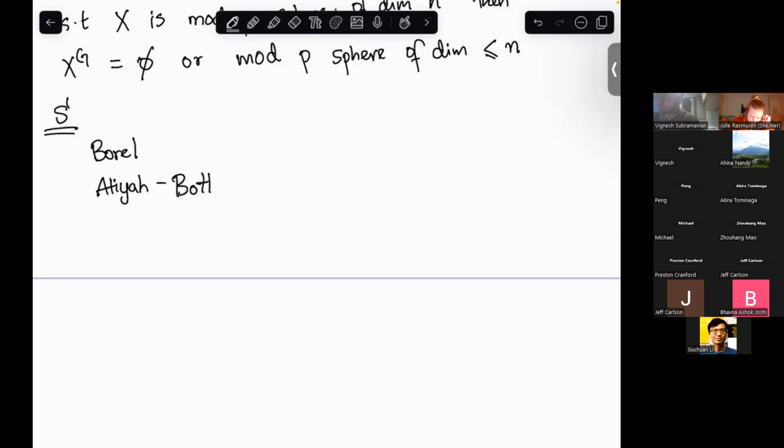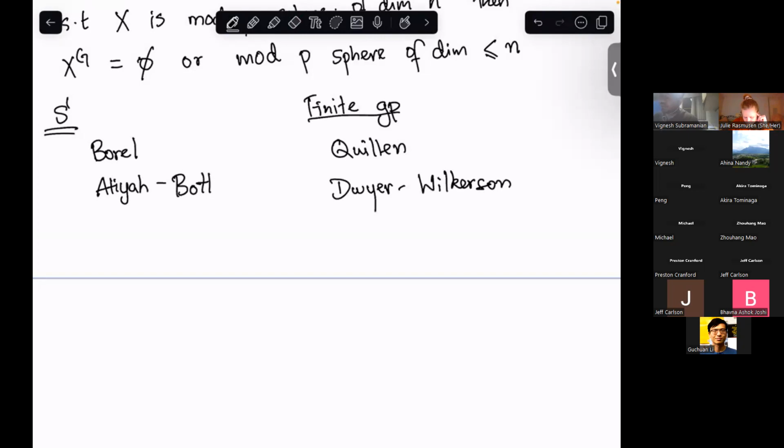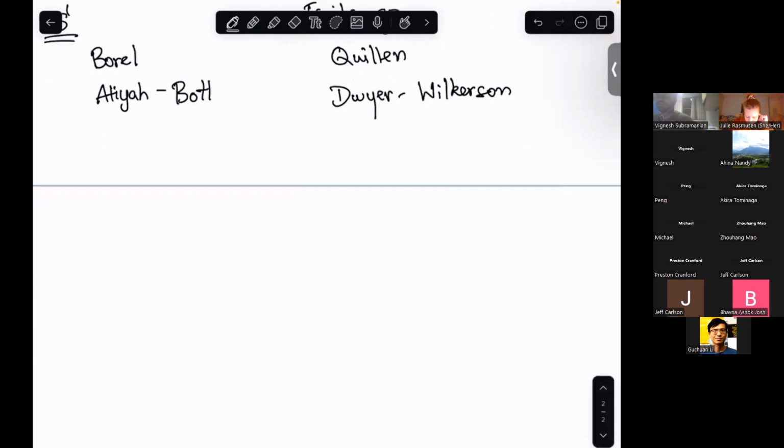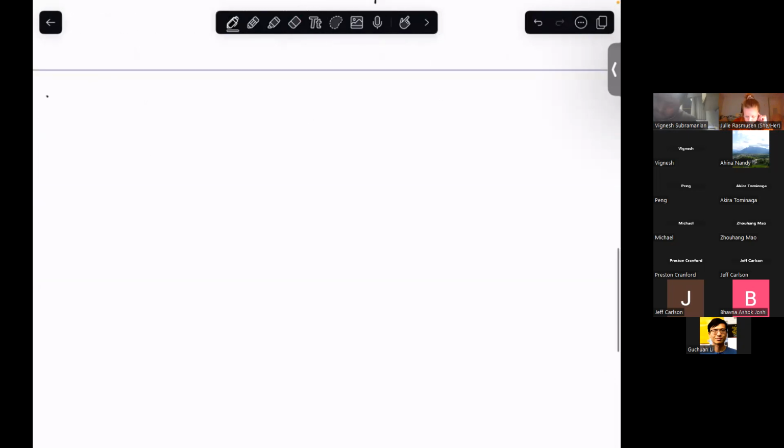In the case of finite groups, there has been work done by Quillen, Moyer, and Wilkerson. The theorem that will be relevant for today is going to be that of Dwyer and Wilkerson. So let me state that. But before that, there is an important theorem in this field called the localization theorem.